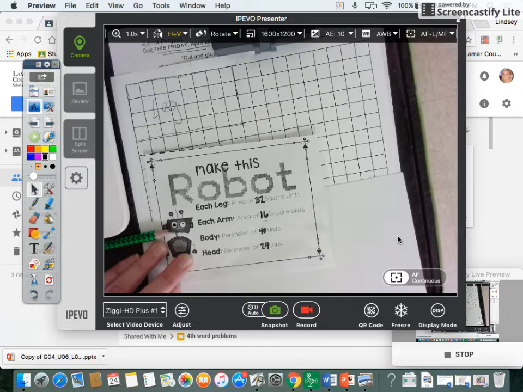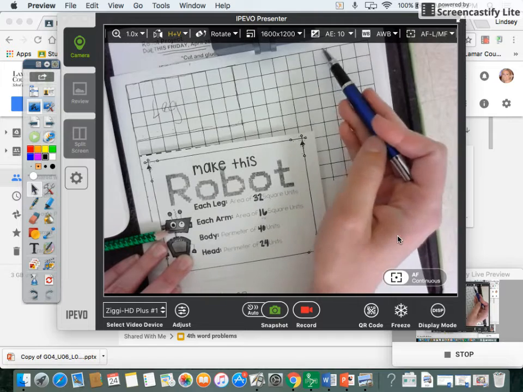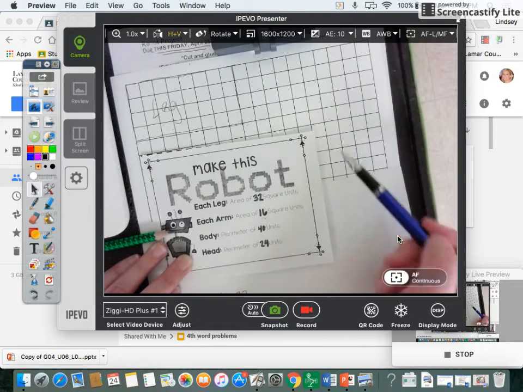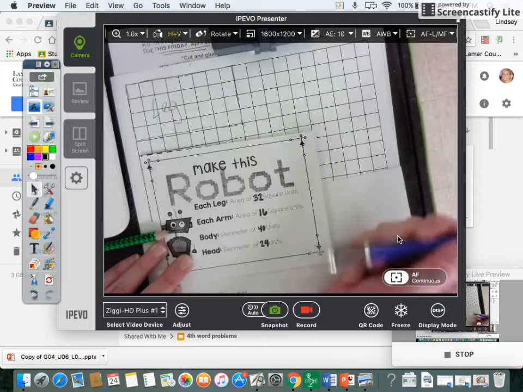Or somebody else might have their arms, and it might be? It's going to have a square unit. It's going to be something multiplied by something gives me 16. Chad? 8 times 2. 1 times 16. What's that last one? 4 times 4. Yes, 4 times 4. So any of those would work for the arms. And then I would make my arms 4 by 4 or 16 by 1 if I wanted a long, skinny arm, or however I want to do it.